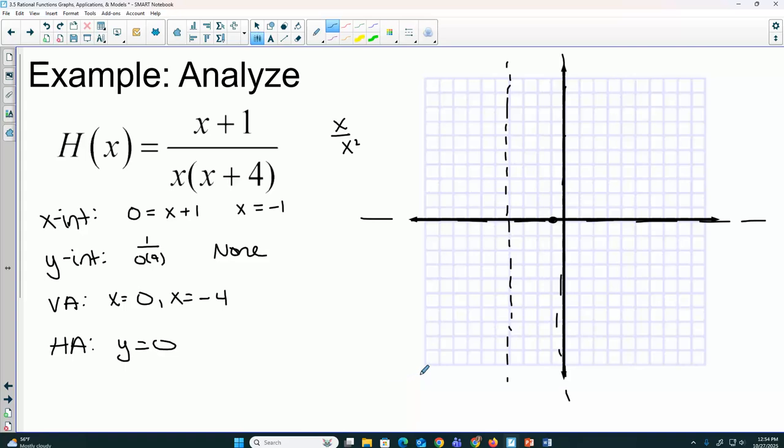All right, how many sections should this graph have? 3. One on the left and right and one in the middle. So now we have to have some test points. So if I put in maybe a -5. Okay, the top would be -4. On the bottom I get -5 times -1. So -4/5. All I really care about though is if I put in -5, is it above or below my horizontal asymptote?